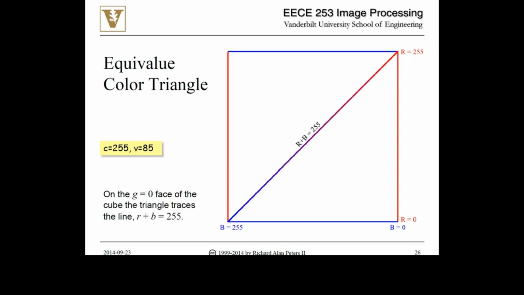So this is this line here. And this line goes from completely red, so this point is 255, 0, 0, and it goes all the way down to 0, 0, 255.